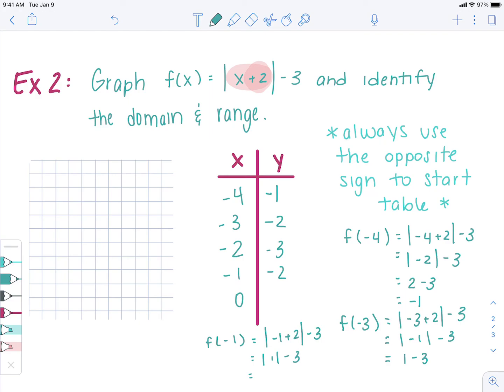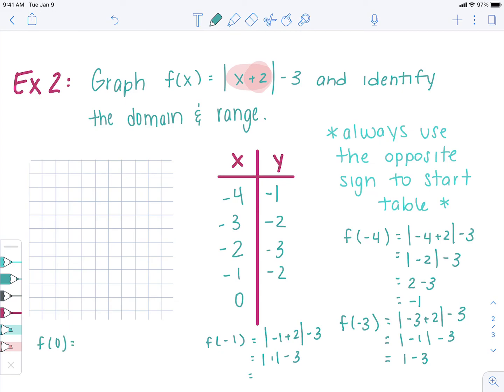If I picked my vertex correctly, when you pick numbers on either side of your vertex, the outputs should be the same. So when we plug in 0, we should get out -1. So let's check ourselves.